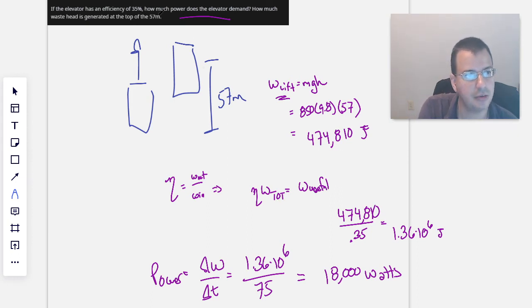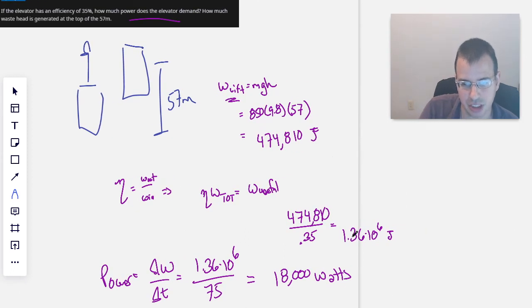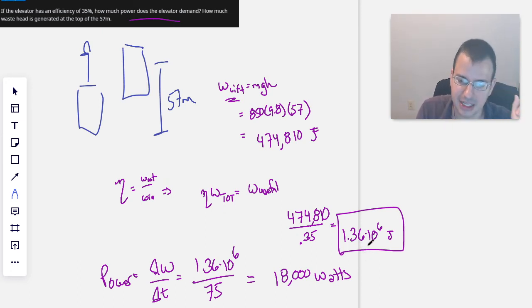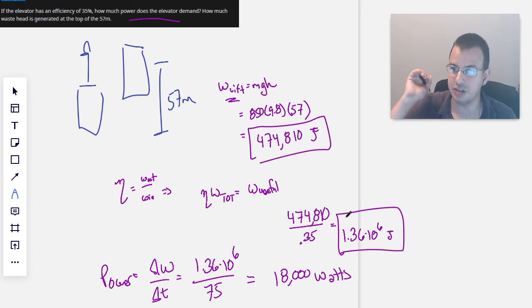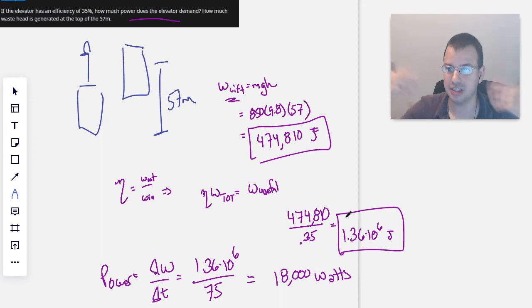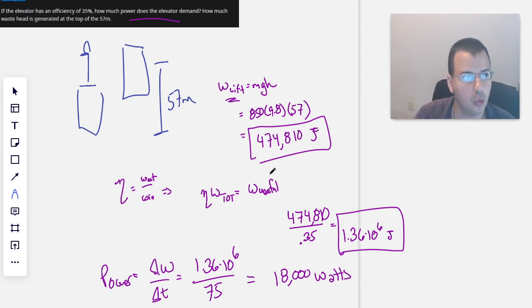Then we want to know how much waste heat is generated, and that is just going to be the difference between the work, that is the energy that's needed, and the energy that's used to lift it. So if the energy is not used to lift, but if the energy is still being produced, then it's going to be waste heat.